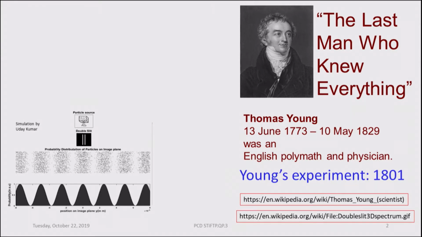But essentially, you have got a source of either light or particles. It can be an electron gun, which can go through two slits, and it has the possibility of going through either slit 1 or slit 2. But both the possibilities are open, and when you have both the possibilities, you get an interference pattern.